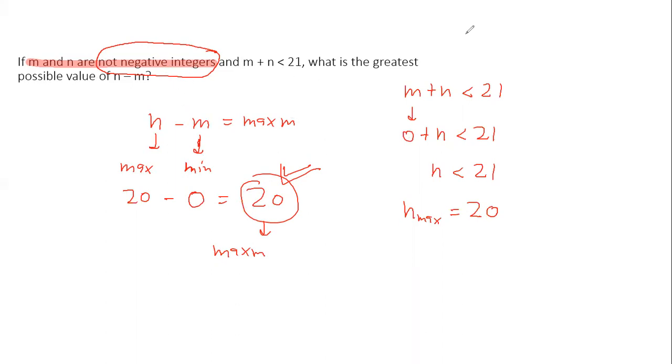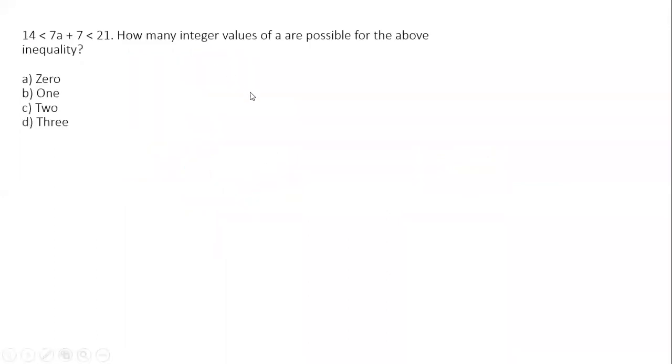So let's move to one more question. Now guys, this is a multiple inequality. I can see there are two inequalities here. How many integer values of a are possible for the above inequality? So they simply want me to solve the inequality.